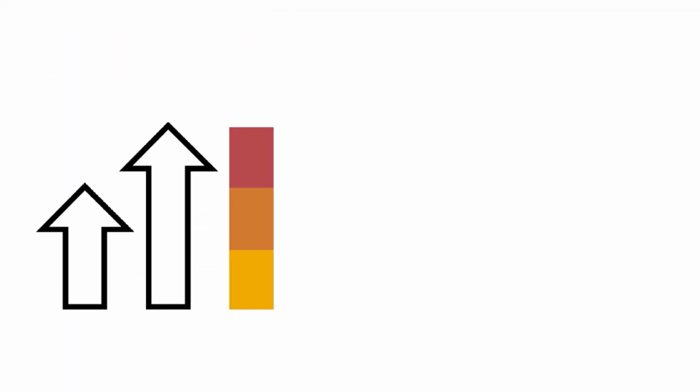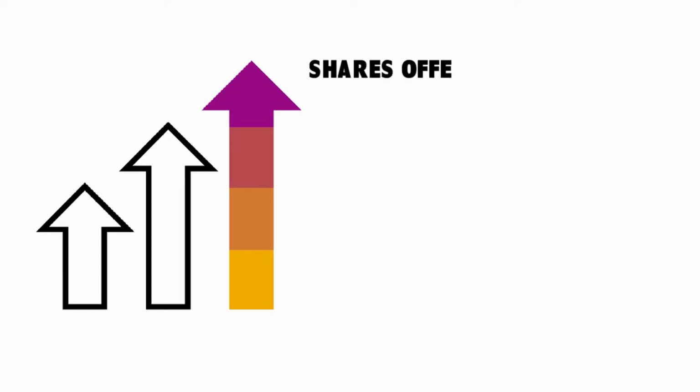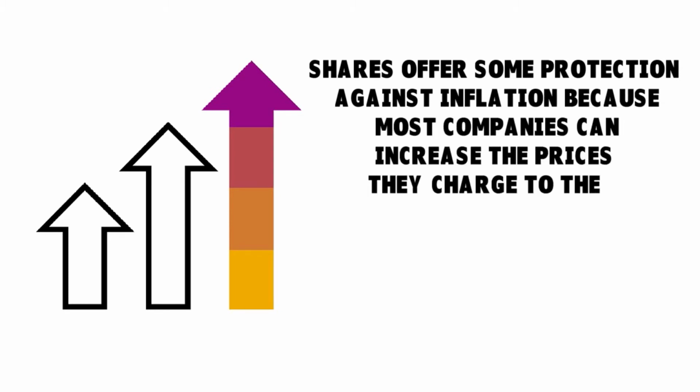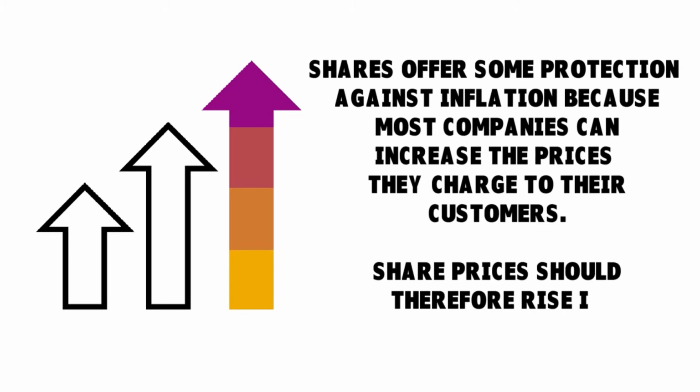Equity shares, on the other hand, offer some protection against inflation because most companies can increase the prices they charge to their customers. Share prices should therefore rise in line with inflation. Real estate also offers some protection because landlords can increase rents over time, and we've seen this in some countries.